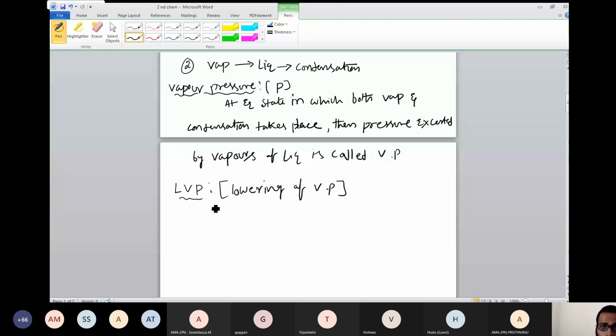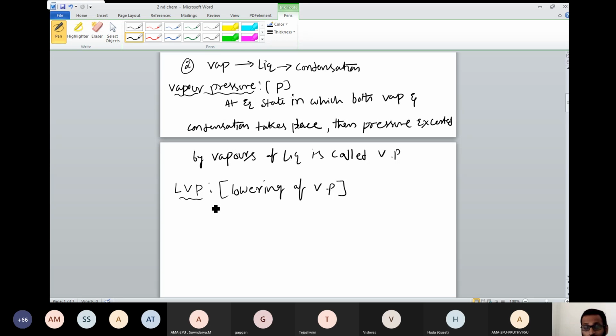When a non-volatile solute is added to a solution, what happens? Vapor pressure will decrease. What is the meaning of non-volatile? It is a solute in which macro particles are present.